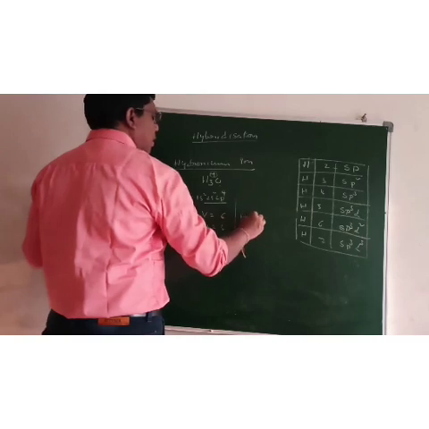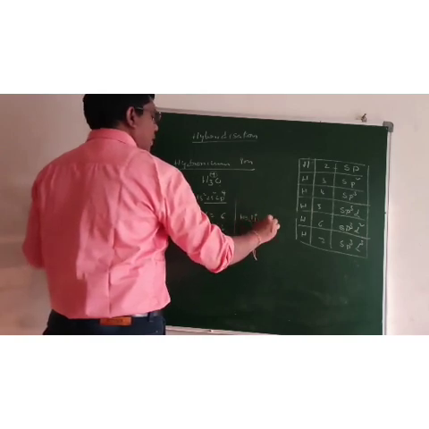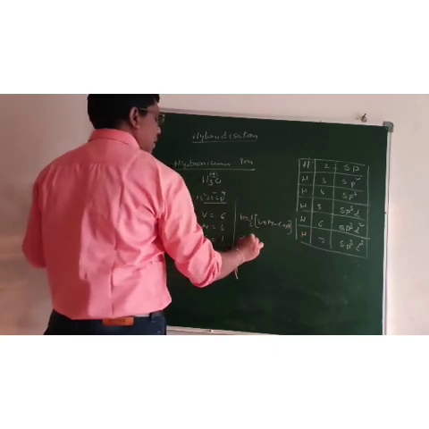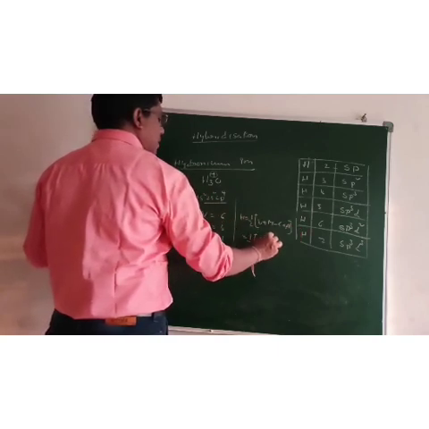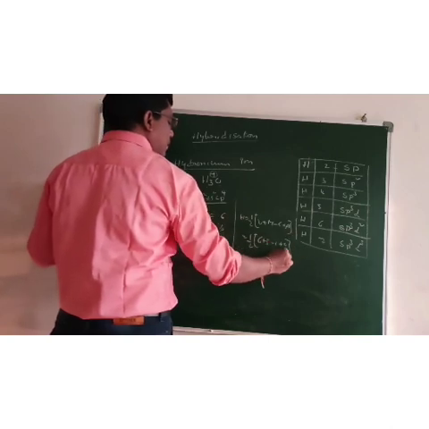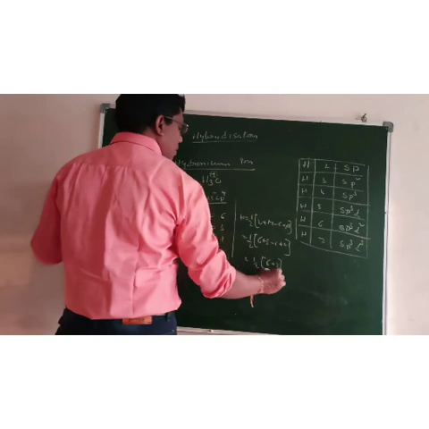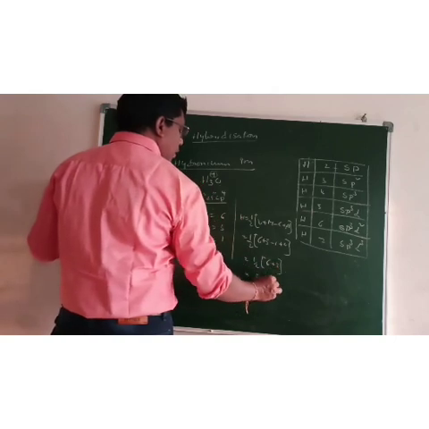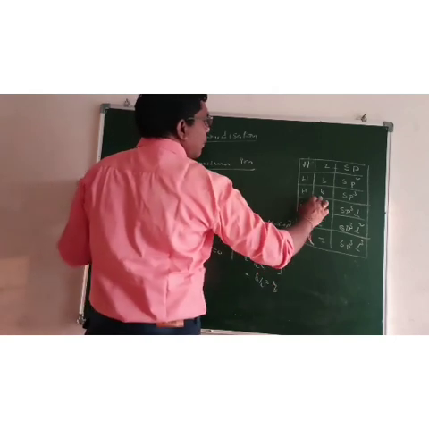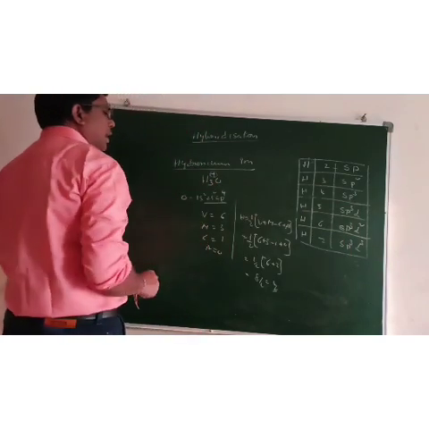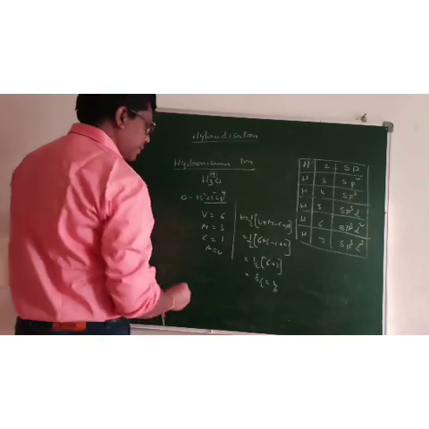So H equal to 1 by 2 (V plus M minus C plus A), 1 by 2 (6 plus 3 minus 1 plus 0). So 1 by 2 (6 plus 2), 8 by 2, 4. So if H equals 4, it is sp3 hybridization. In the hydronium ion, the oxygen hybridization is sp3.